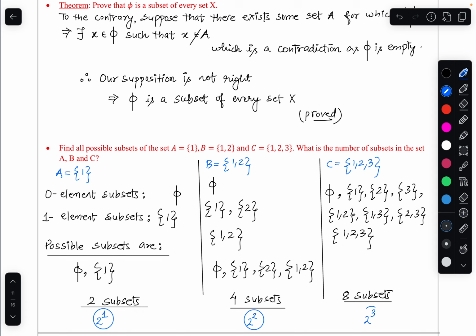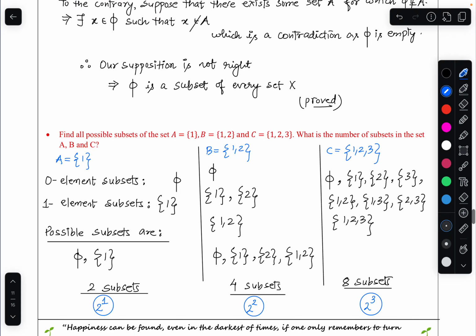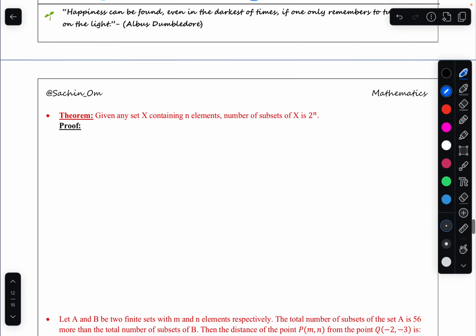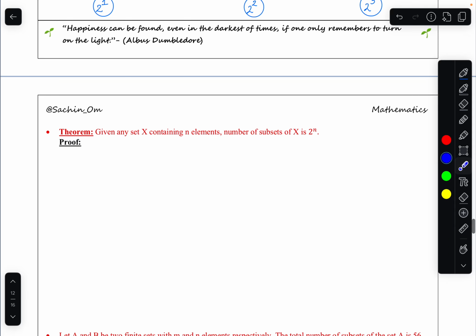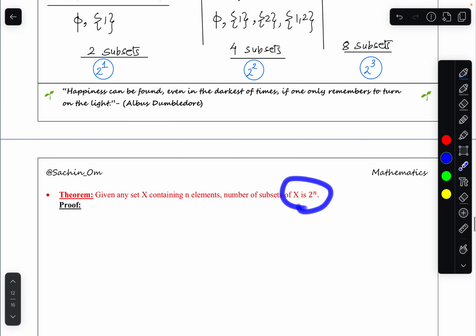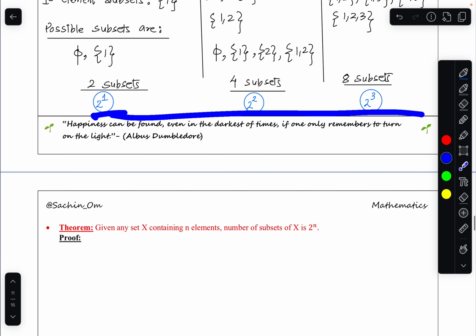When there are 3 elements in the set, there are 2 power 3 number of subsets in the set. So there is this general result now. It says, given any set, if it has n number of elements in it, then its number of subsets would be 2 to the power n, which is what we had observed here also.